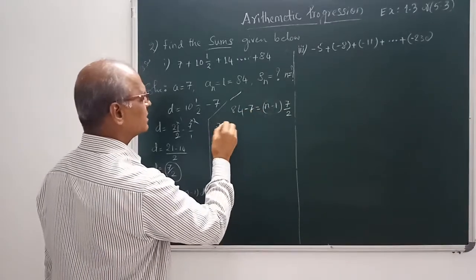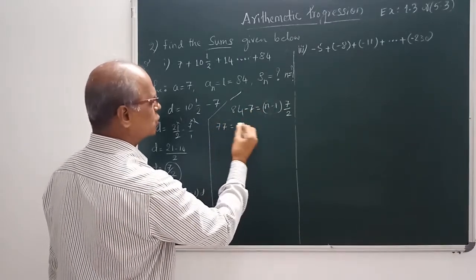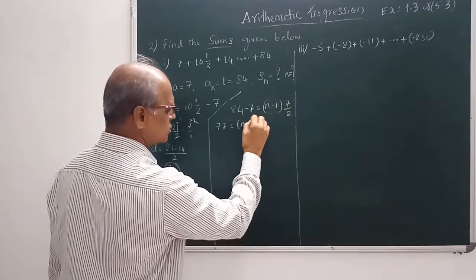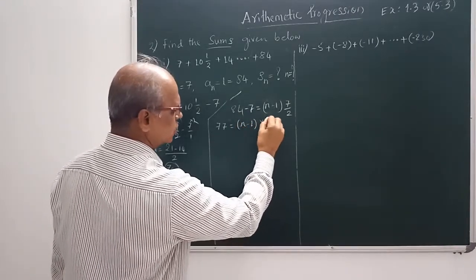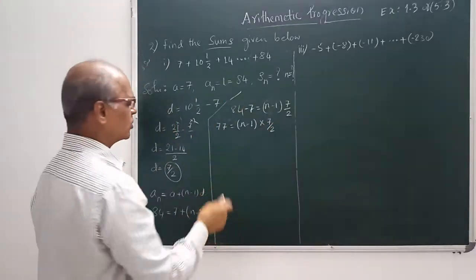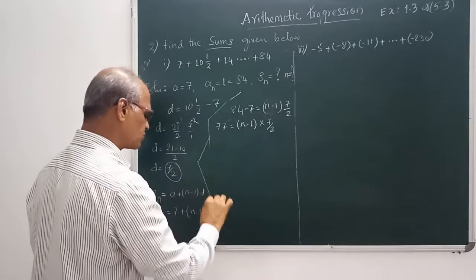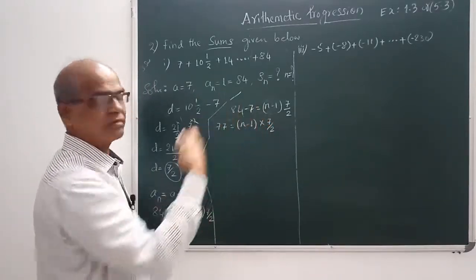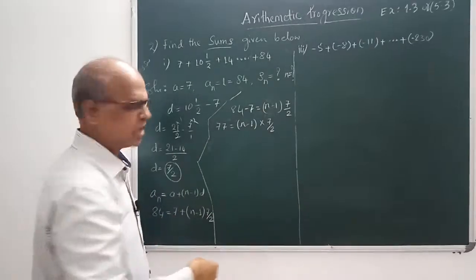That means 77 is equal to n minus 1 into 7 by 2. This you transpose to the left hand side. What becomes of it on the left hand side when you transpose? This will reverse: 2 will go up, 7 will come down. That means 7 will be the denominator.